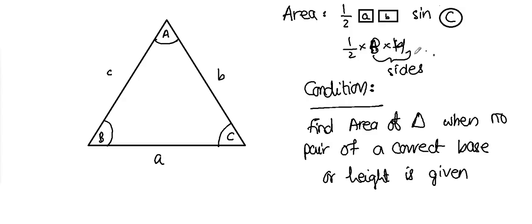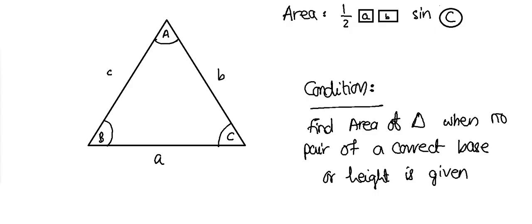Yes. But now we do not have the exact values that we might need. So we will use A and B as the sides, but we will also multiply them by the sine of the third angle which is present.